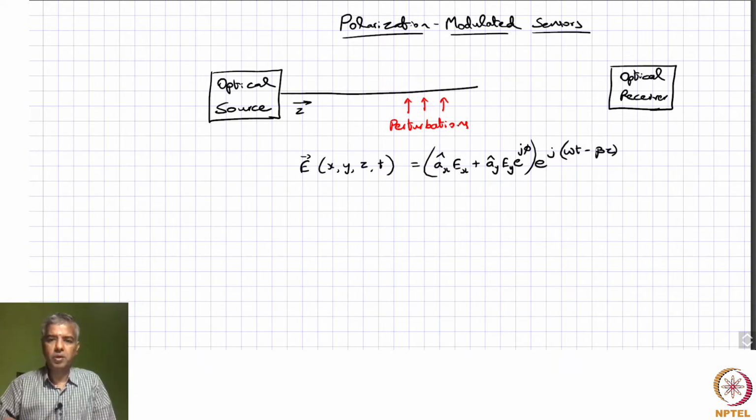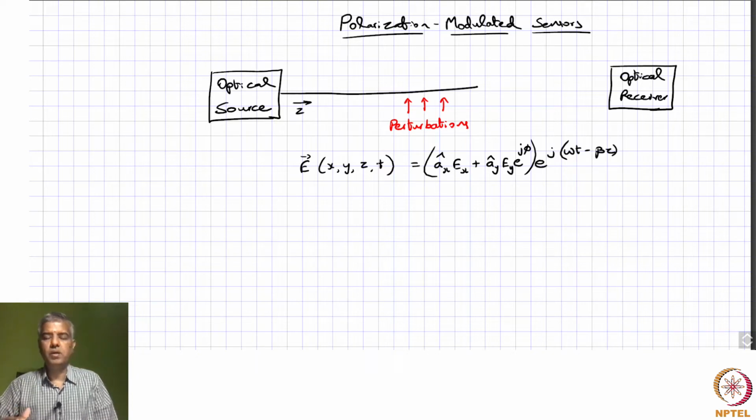We'll come back and look at what types of perturbations are quantifiable by looking at changes in polarization. But what we know is that the photodiode, which is the front end of the optical receiver, is not polarization sensitive. So it cannot actually tell if there is a change in polarization.